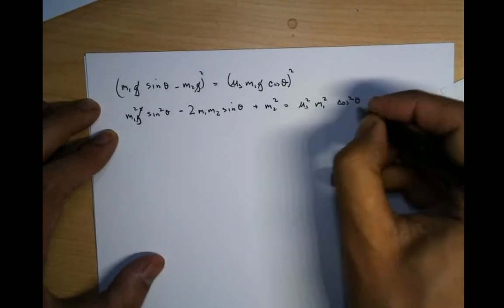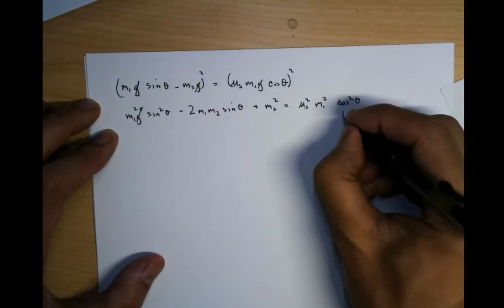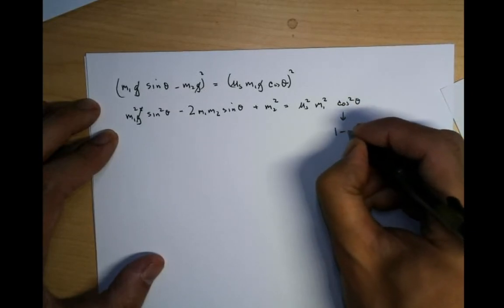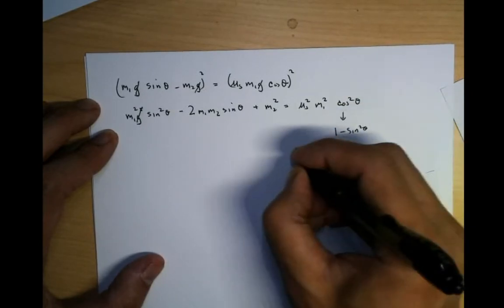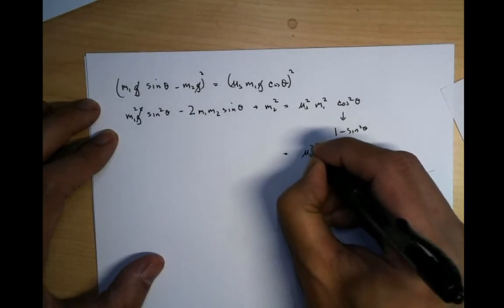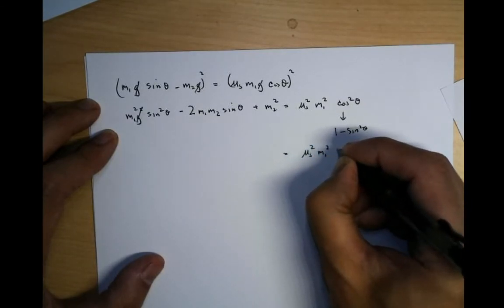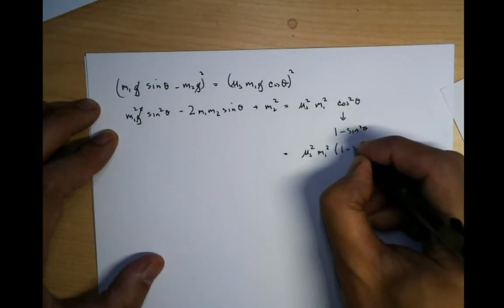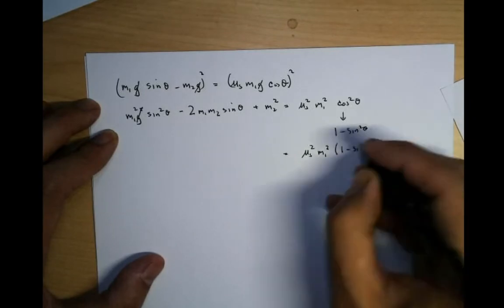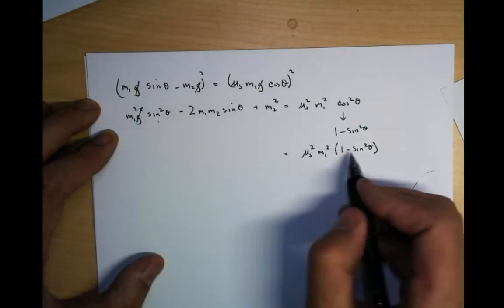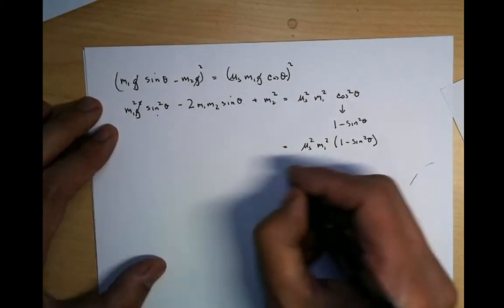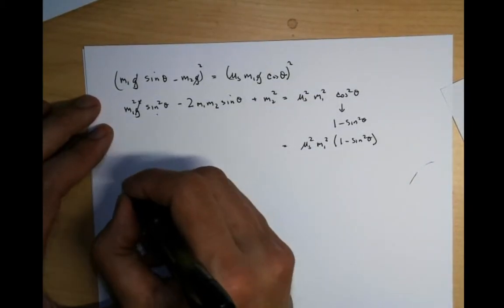cosine squared theta. Okay. So we note that cosine squared theta is just 1 minus sine squared theta, so mu sub s squared m1 squared times 1 minus sine squared theta. Okay, the sine squared terms, we'll collect all the sine squares together, right? We'll move everything to the left hand side.